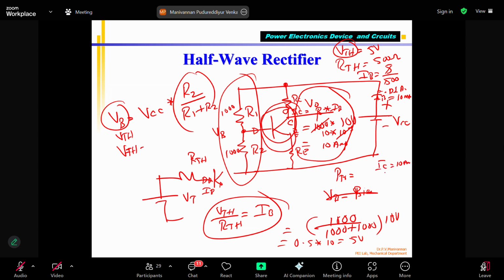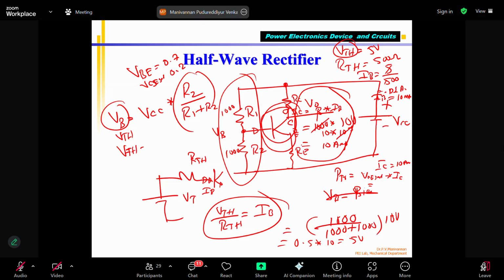Correct? PTR equals VCE sat multiplied by IC. VCE sat, how much? Anybody remember? See, we know VB for conduction is 0.7 volts. Similarly, VCE sat, when the transistor is fully conducting at full current, will be 0.2 volts.